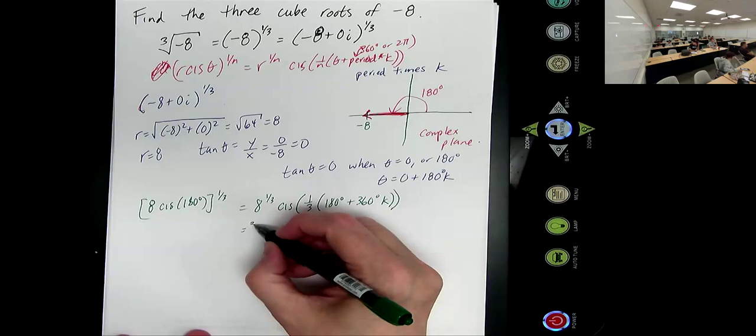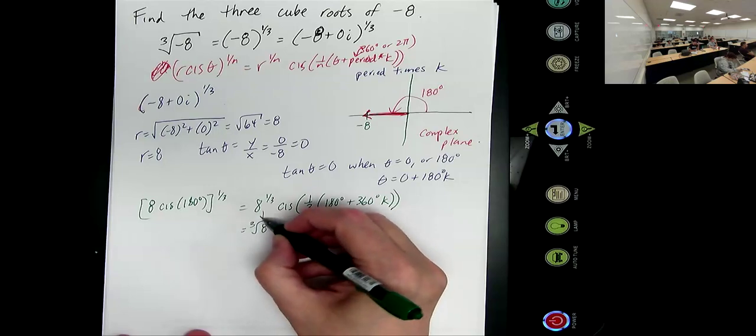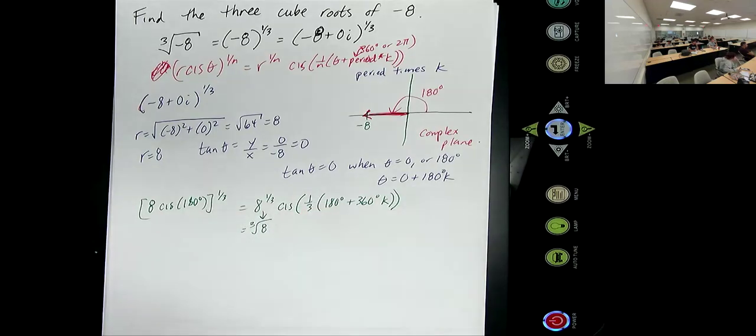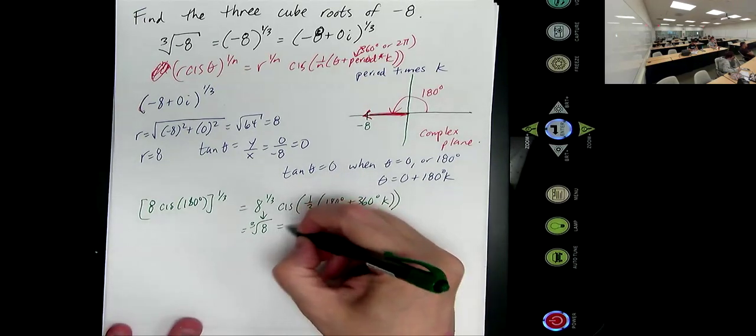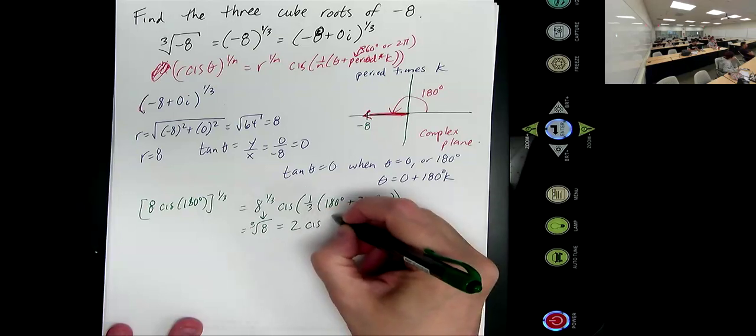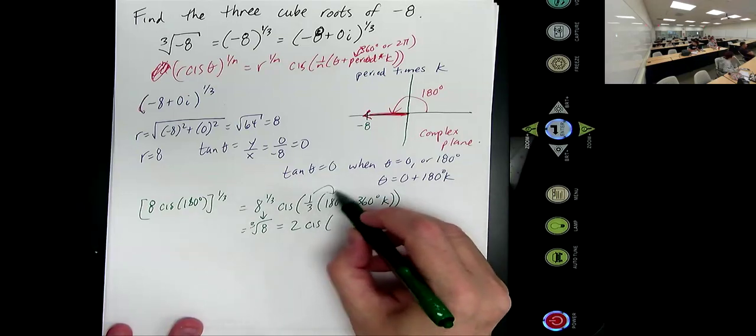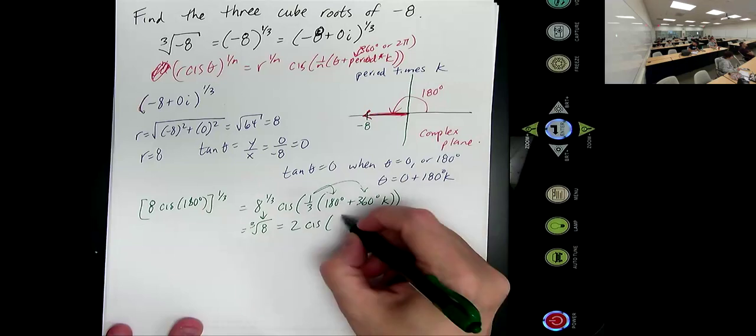This is the cube root of 8, the 8 to the 1/3, which is what quantity? 2. We're going to distribute the 1/3 to each of these. It's easier if you just show it as division.